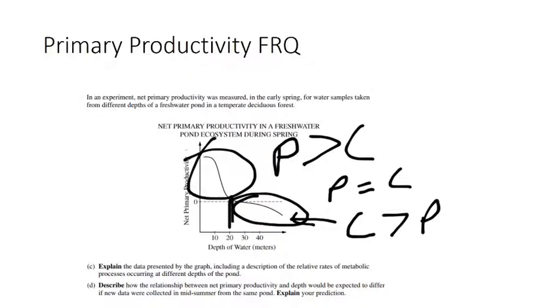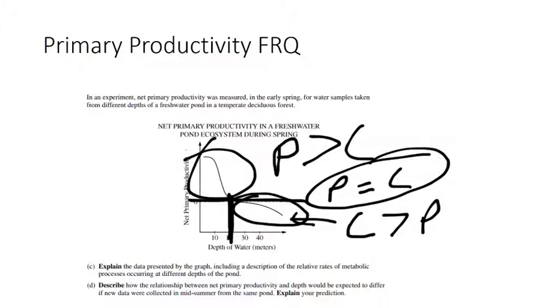Somewhere around 20 meters deep in the water, the break-even point, the rate of photosynthesis is about the same as the rate of cell respiration. And then if you go a little bit deeper than 20, maybe 22 to 23, at that point and deeper levels, cell respiration is happening faster than photosynthesis. And that's essentially because not very much light gets that deep. And without light, photosynthesis can't happen.